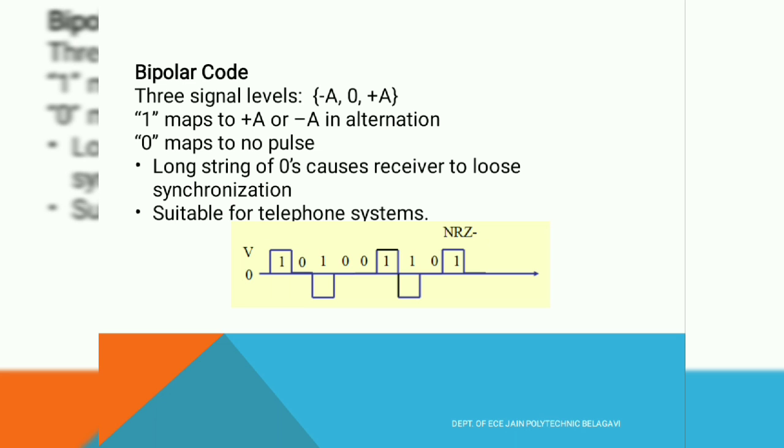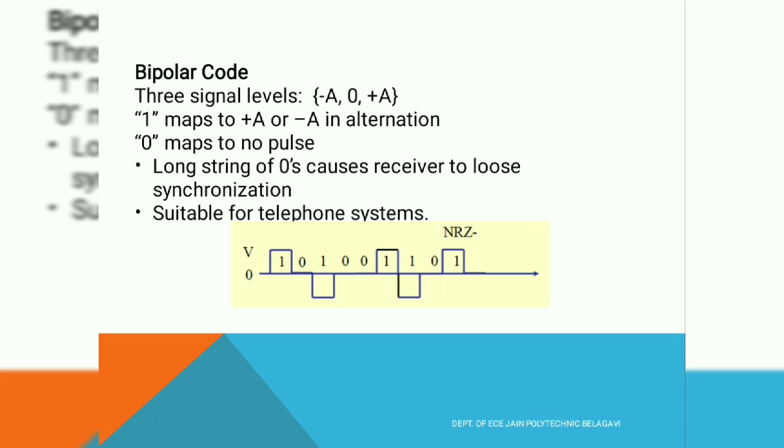Okay, so next concept, bipolar code. Bipolar means it is available in plus A volts or minus A volts. There are three levels available: minus A, 0 and plus A volts. In positive logic, 1 maps to plus A volts or minus A volts alternately, and 0 maps to no pulse.